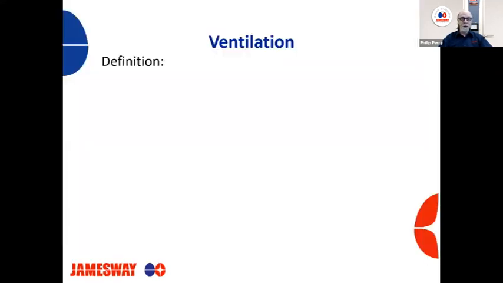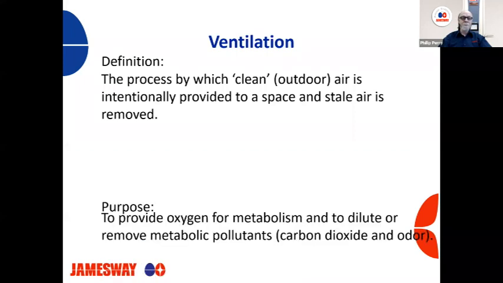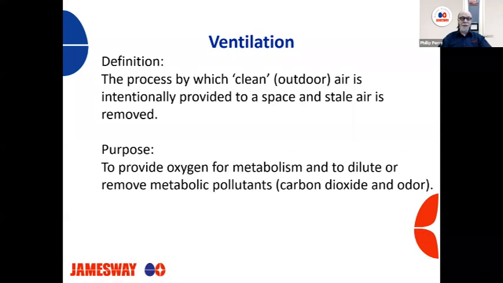So with that, we're going to look at a definition: ventilation is the process by which clean outdoor air is intentionally provided to a space and stale air is removed. That's a good definition for hatcheries, and that's what we see in our hallways and throughout the hatchery. The purpose inside of the hatchery is to provide oxygen for metabolism and to dilute or remove metabolic pollutants.